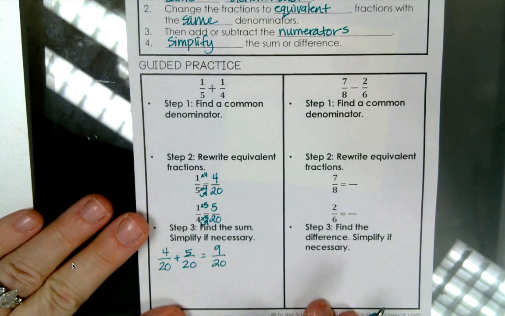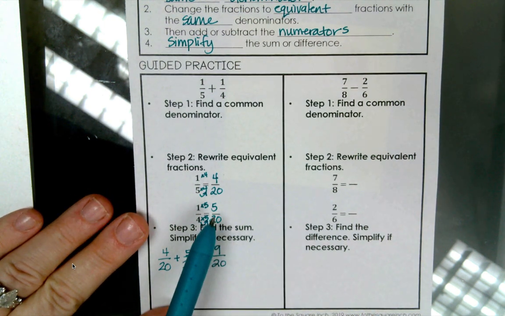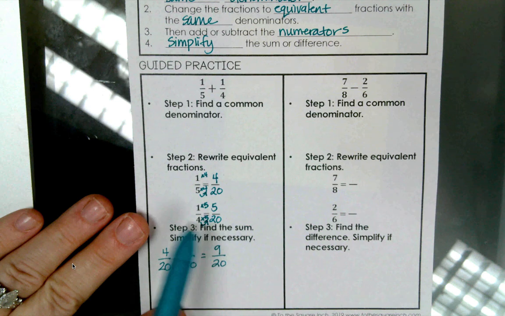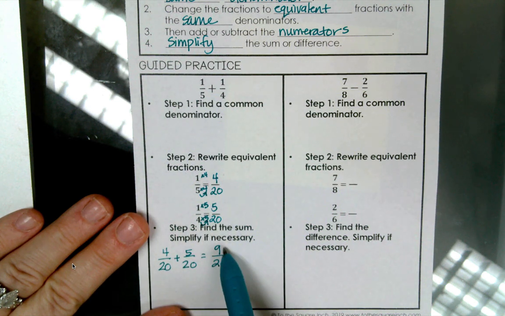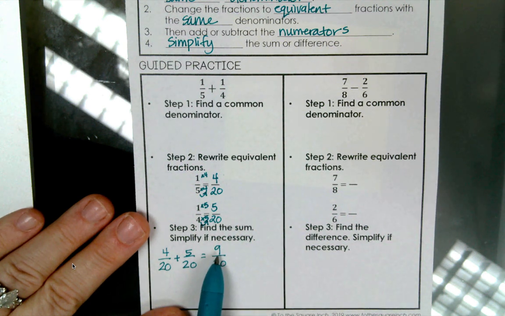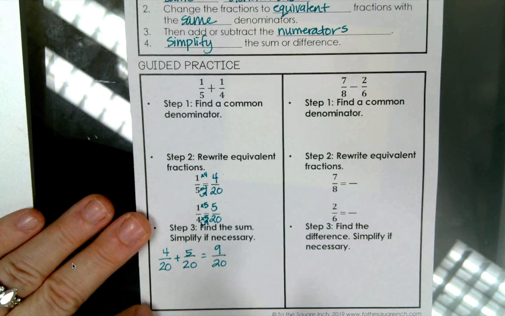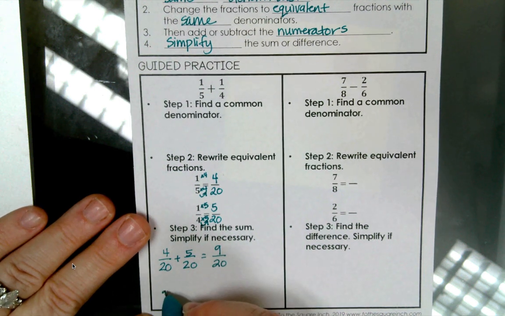So where we were looking for the least common multiple for my denominators, now when I simplify, I need to divide my numerator and denominator by the greatest common factor. Okay? So if I were to look at my factors, meaning numbers we multiply, factors of 9 are 1, 3, and 9.